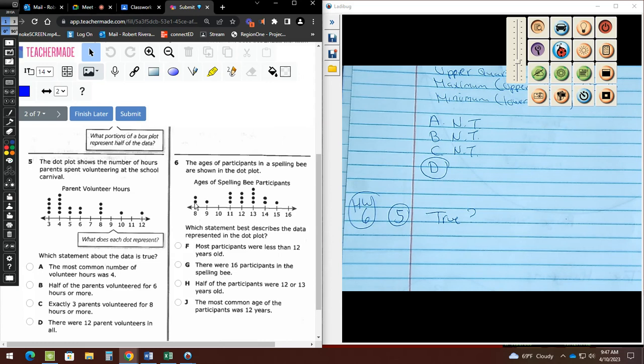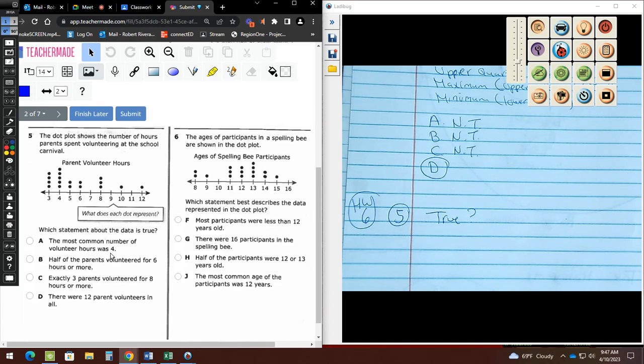The ages. And the dots are the what? The kids, right? How many kids were 8 years old? 2. How many kids were 15-year-old? 1. Okay? So I need to read my title, read the statement so I can know what the numbers on the bottom represent. Okay? That's your first job.